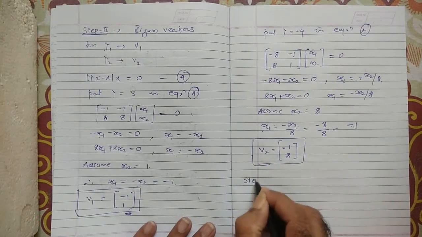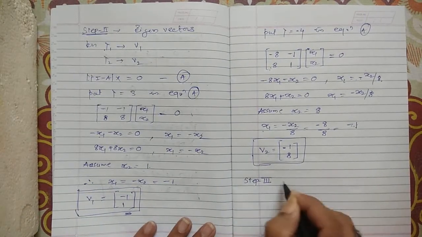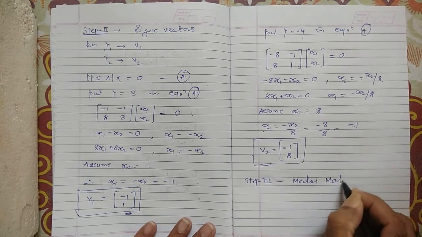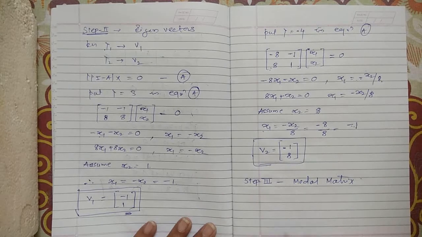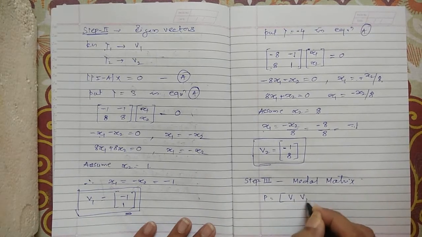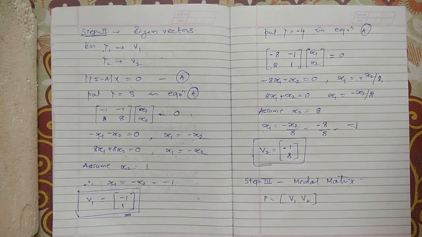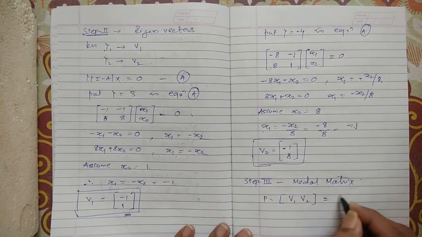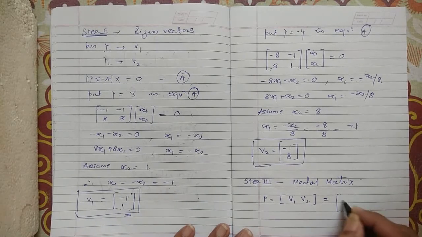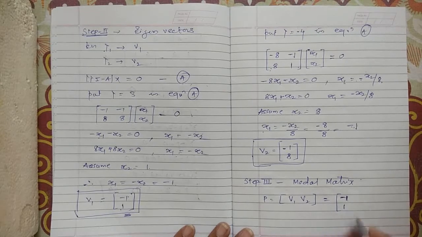Step 3, that is the modal matrix. P equals V1, V2. What is V1? V1 equals minus 1 and 1.